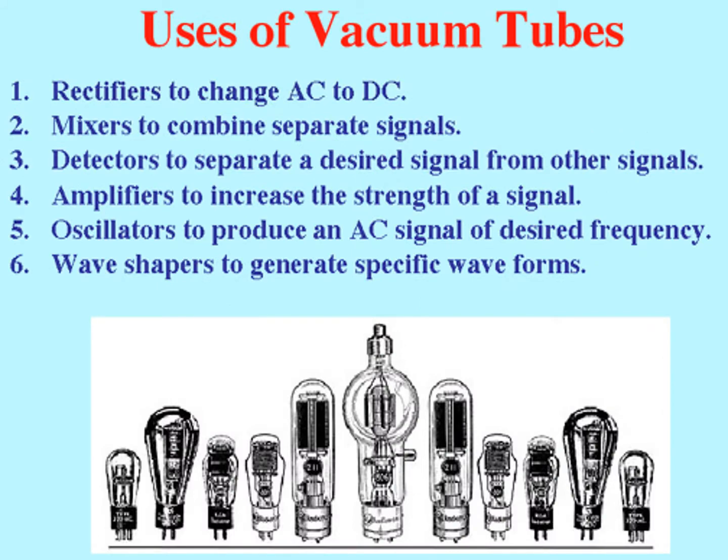This led to a variety of different vacuum tubes with a variety of different uses. Here are just a few. The ones that are important to us are number 1, rectifiers, which change AC to DC, and number 4, amplifiers, which increase the strength of a signal.